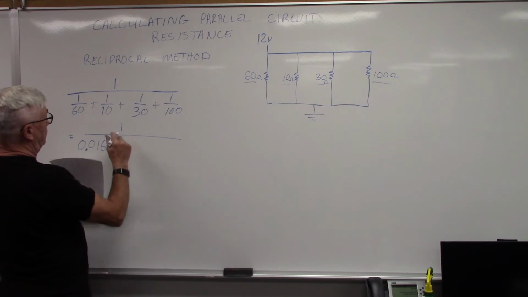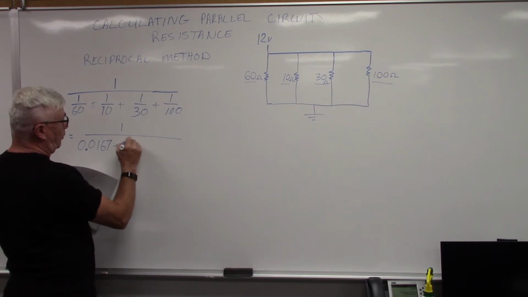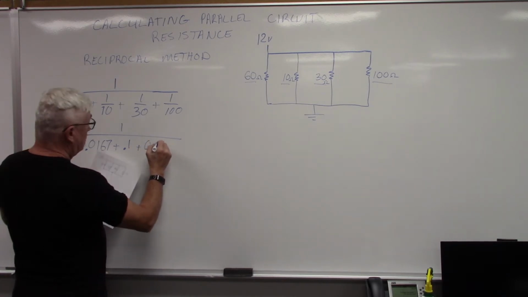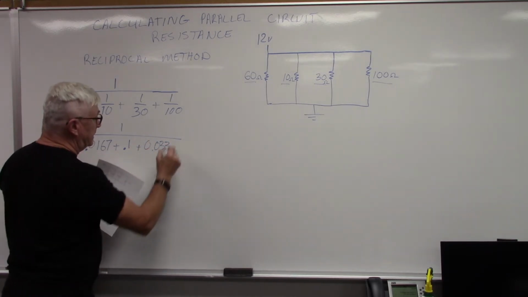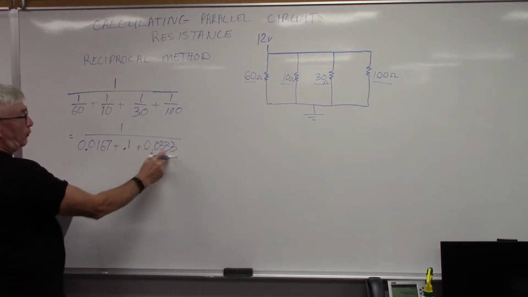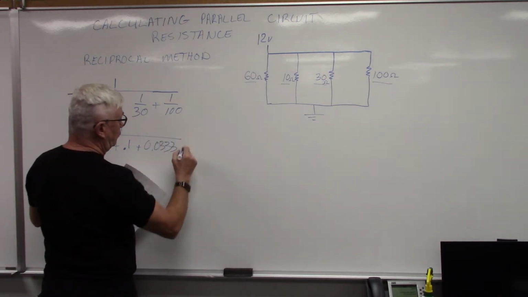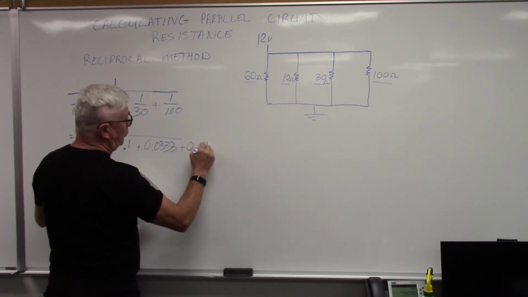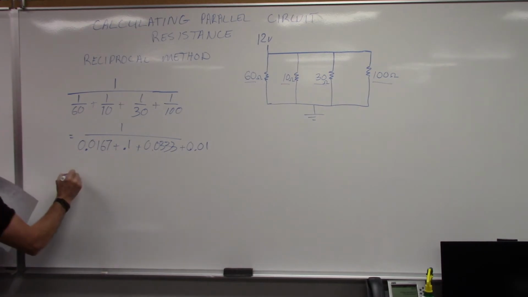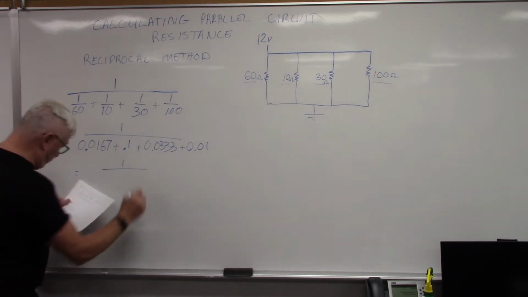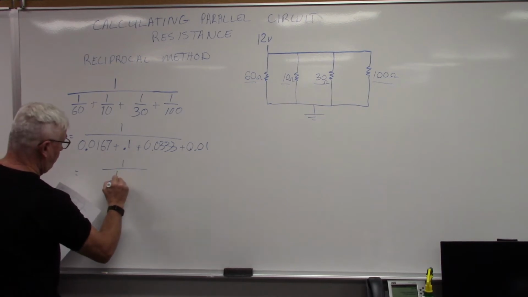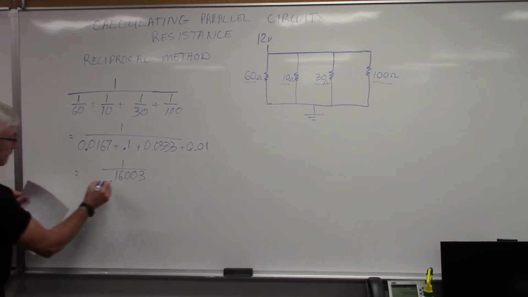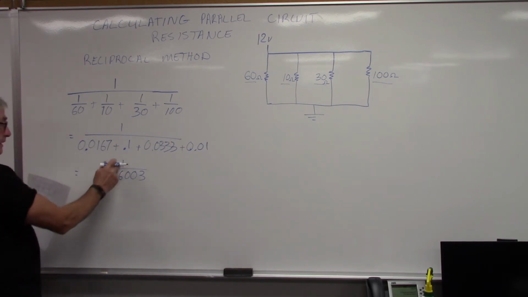Then plus 1 divided by 10 is 0.1, plus 1 divided by 30 is 0.033 repeating, same thing, 4 decimal places. And the last one, 1 divided by 100, is 0.01. We add those all up and we get 1 over 0.16003.